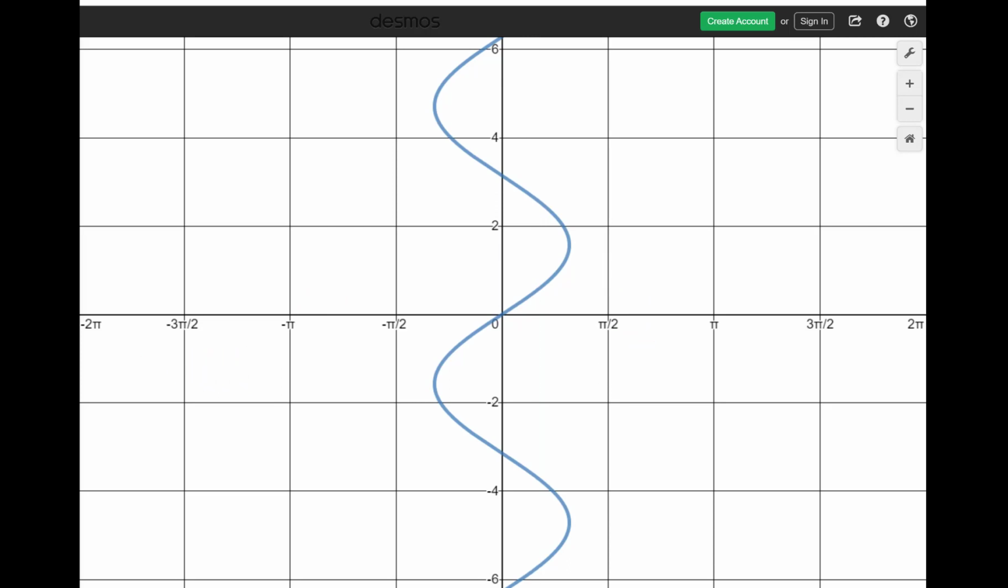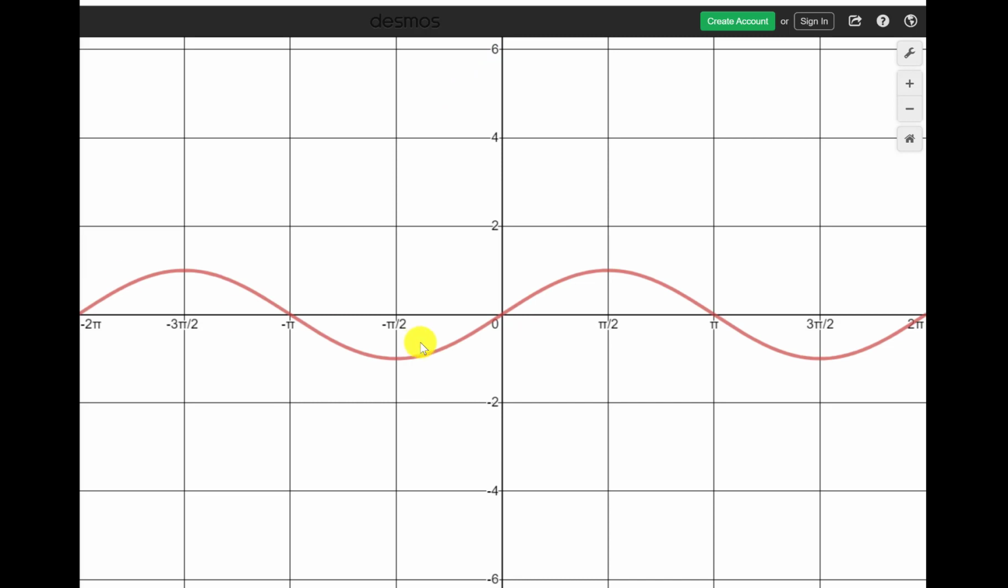Let's go back to our original sine function. In order to get this to have an inverse, we're going to restrict the domain. We're going to look at all of our y values happening exactly once. The way to do that is to chop this sine function at negative pi over 2 and at pi over 2.